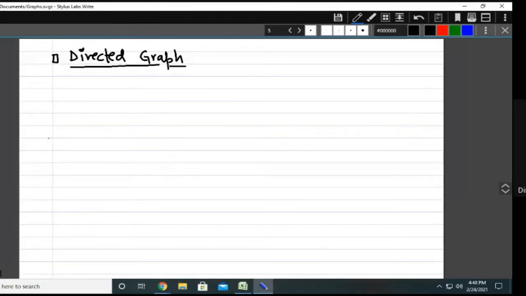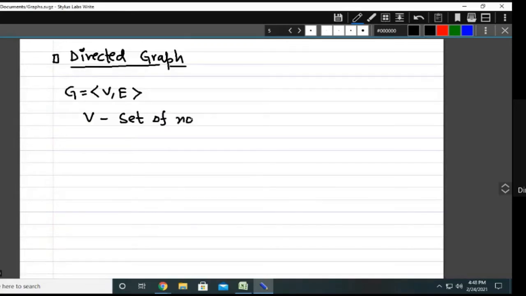Again, the same thing. Let G be a set of vertices and a number of edges, where V is a set of non-empty nodes or vertices.